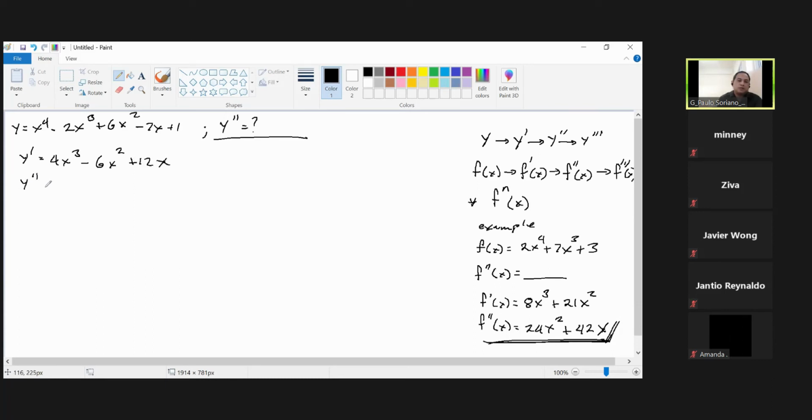And then y double prime is now going to be 12x squared minus 12x plus 12. That's as easy as it goes. Okay, so that's it. I think we still have a lot of time, right? We still have 10 minutes. So how about if we have here number 2?